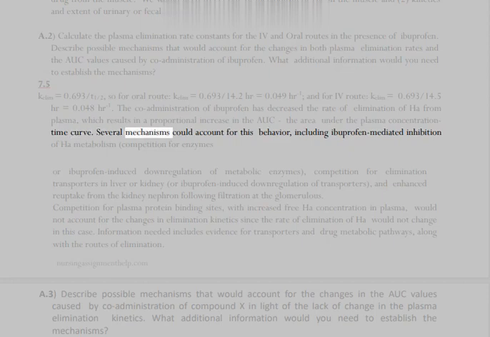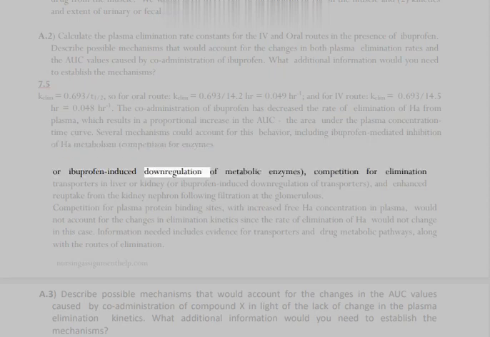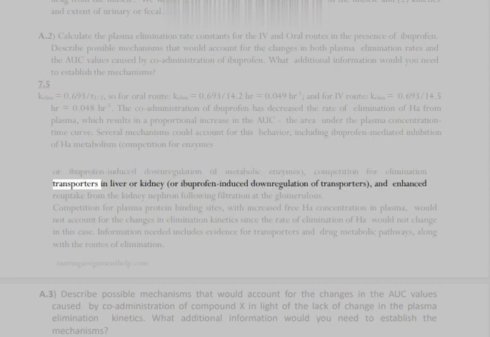Several mechanisms could account for this behavior, including ibuprofen-mediated inhibition of HA metabolism, competition for enzymes, or ibuprofen-induced downregulation of metabolic enzymes, competition for elimination transporters in liver or kidney, or ibuprofen-induced downregulation of transporters, and enhanced reuptake from the kidney nephron following filtration at the glomerulus.